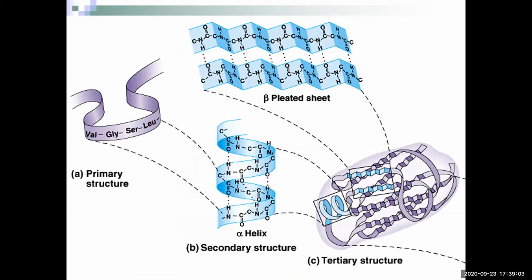So, as an example, you have here the primary structure. The primary structure can become an alpha helix or a beta pleated sheet. So, an alpha helix, for example, of one primary structure, and a beta pleated sheet of another, can react with one another by reacting their side chains, and thus making the tertiary structure.